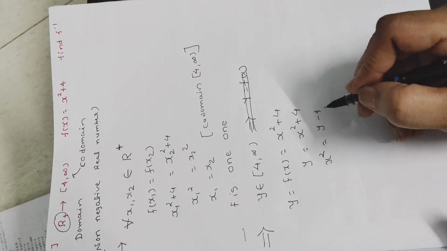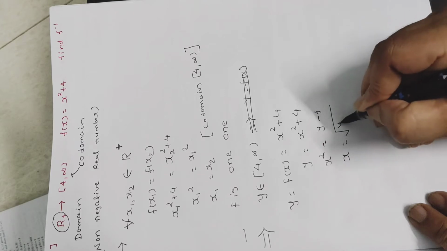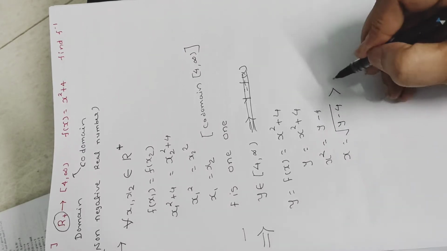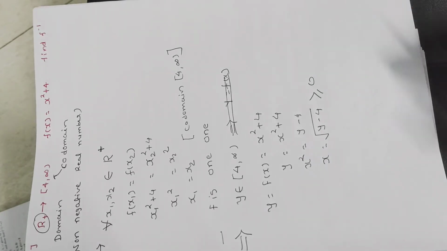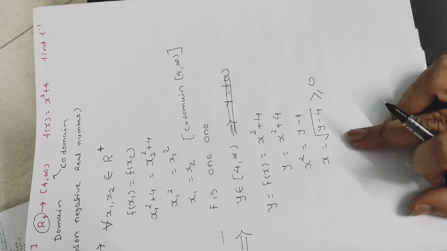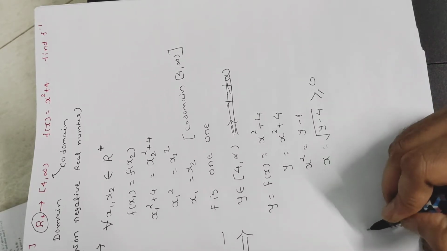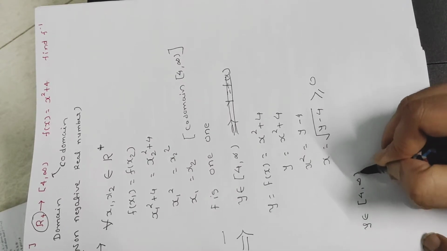So x is equal to under root y minus 4, which is greater than or equal to 0. So I can write like this: y belongs to 4 to infinity.